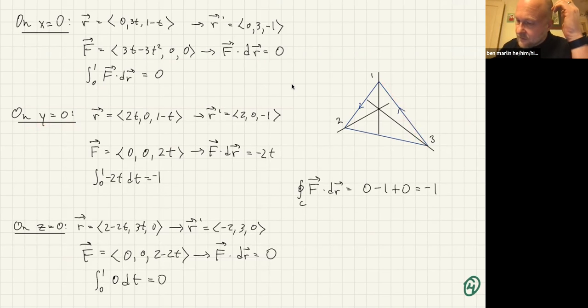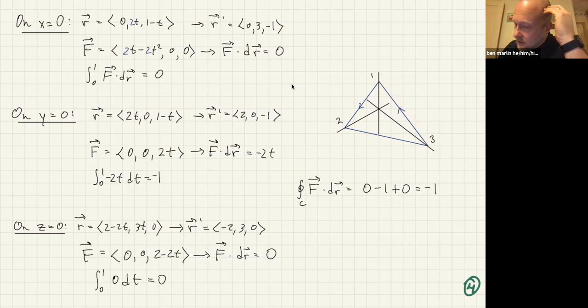Folks, apologies. That 3 is supposed to be a 2 because we're doing x, not y. Okay. On y equals 0, once again, right here, we're going from this point, the 0,3,0, up to the 0,0,1.